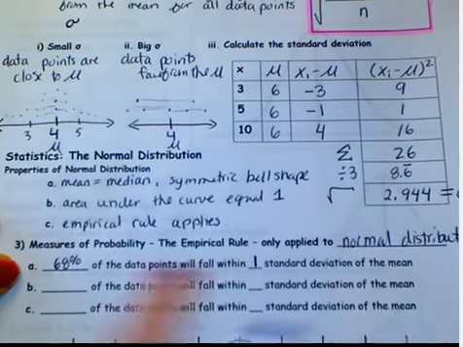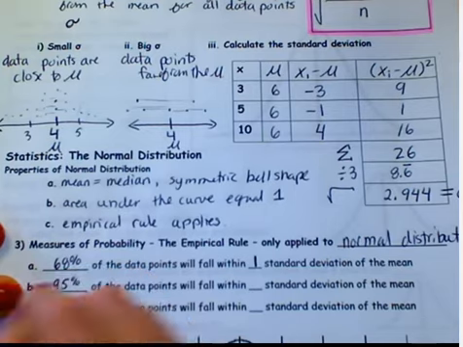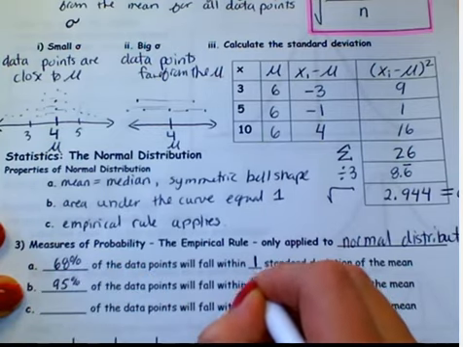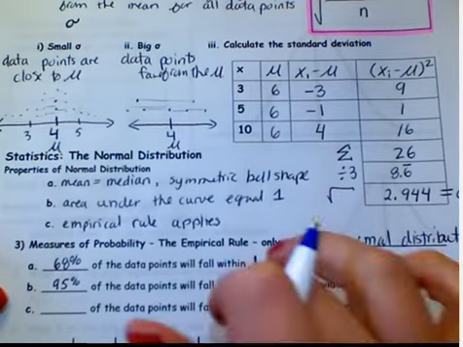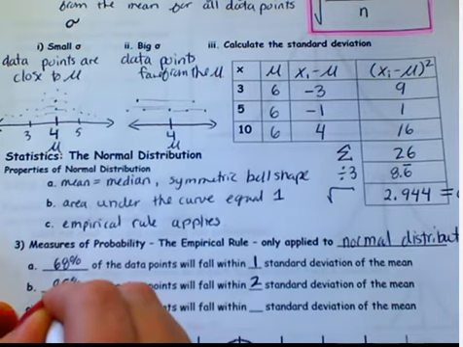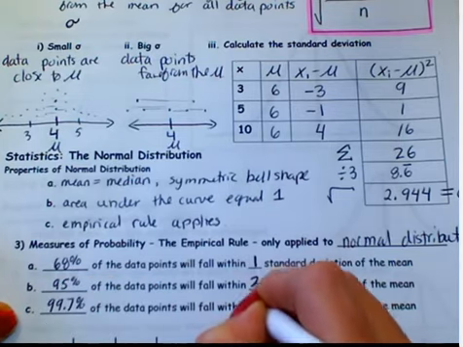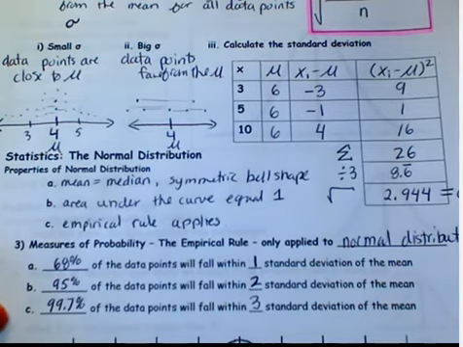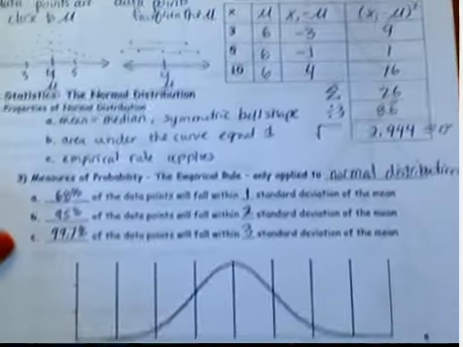This has to do with their distance from the mean. The second part is 95% of the data points will fall within 2 standard deviations of the mean. That's above and below. The third statement is 99.7% will fall within 3 standard deviations.